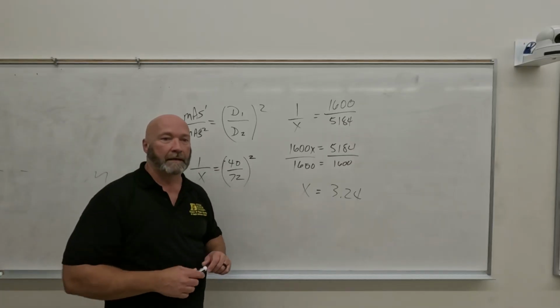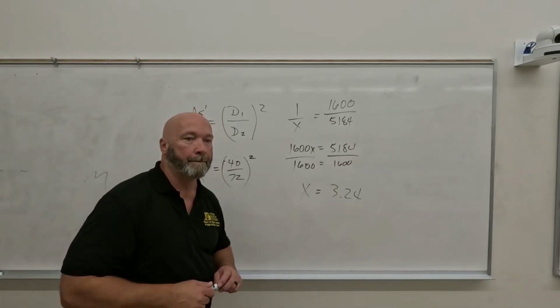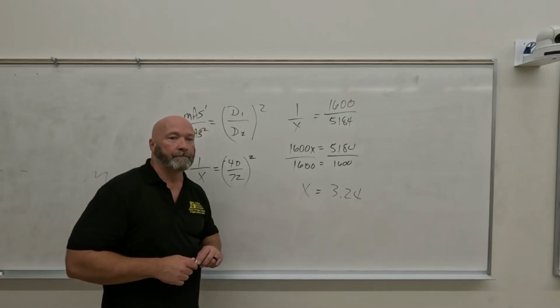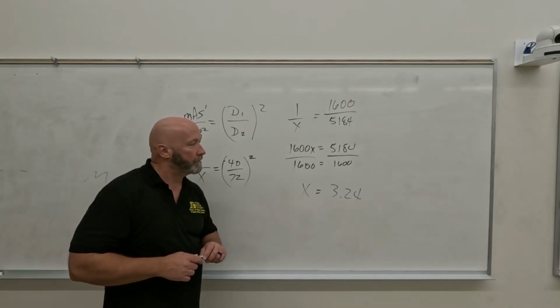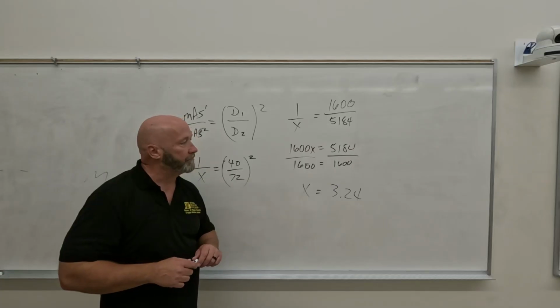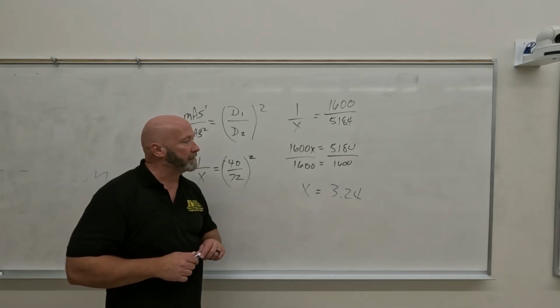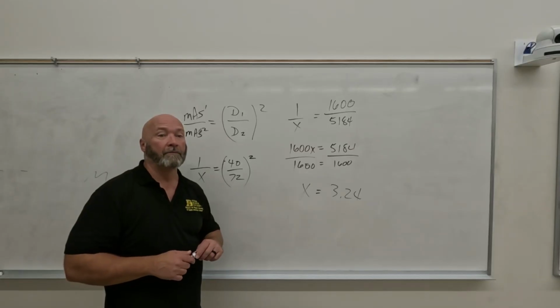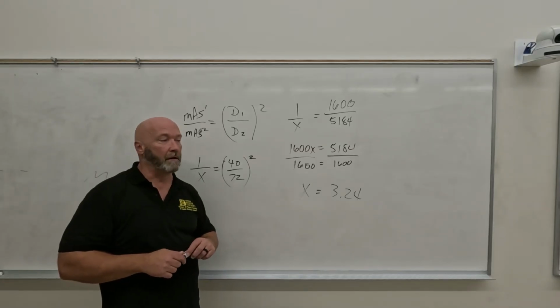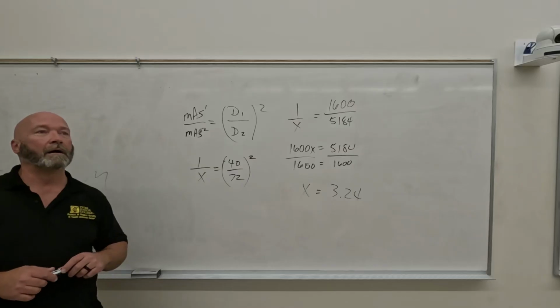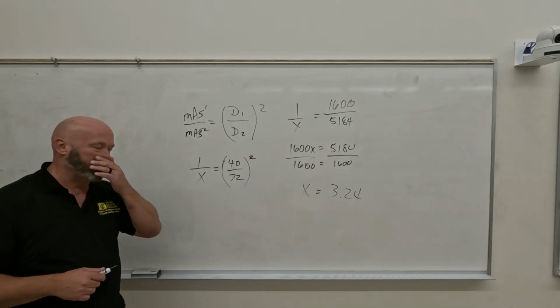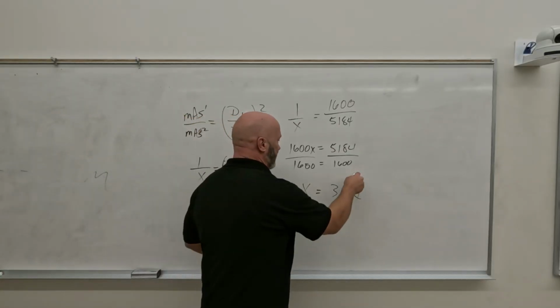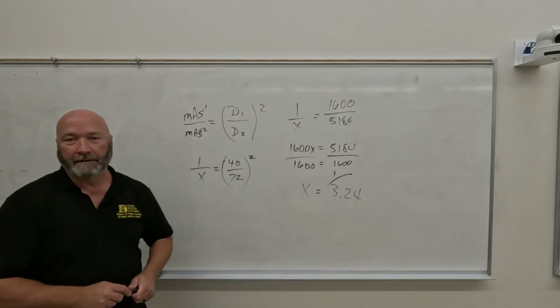I was just a bit confused on how we got to 3.24 when dividing 1,600 by 5184. So divide 5184 by 1,600, for the inverse square law. Okay, yeah, it probably should have been this.